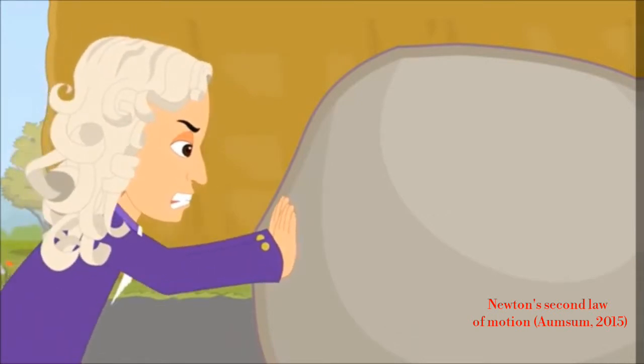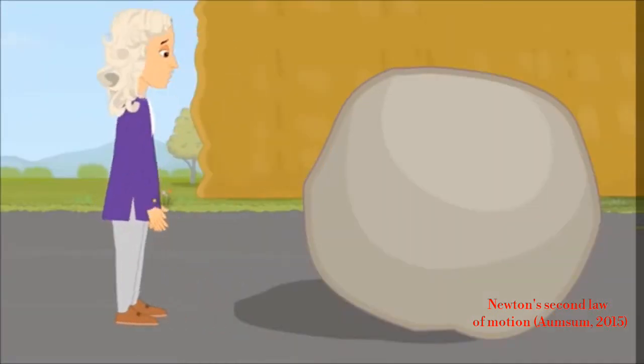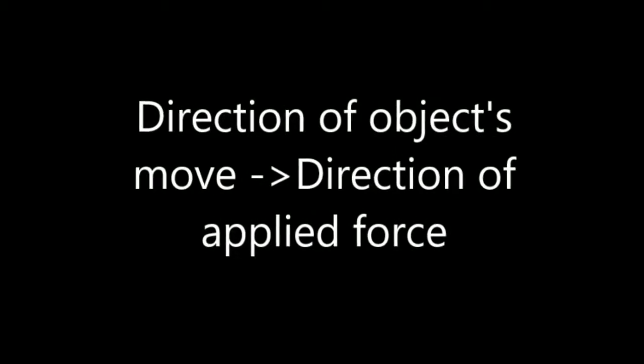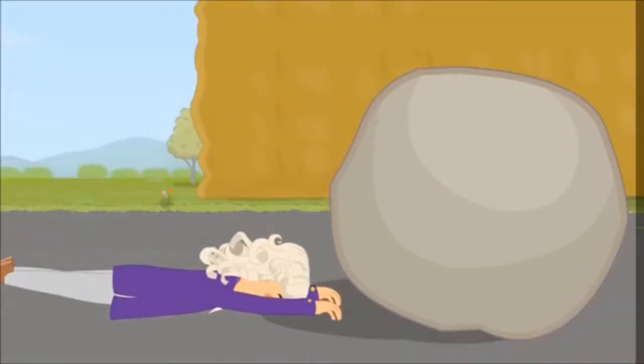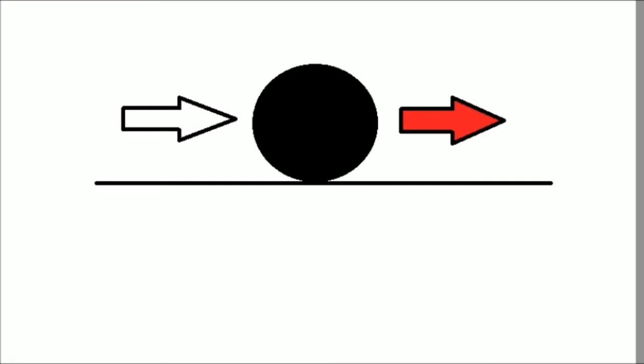Direction of force. The direction of object movement is determined by the direction of the applied force. Point of application. If the force is applied in line with the object's center of gravity, it will cause linear motion.